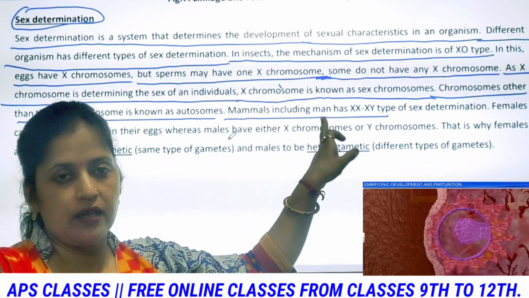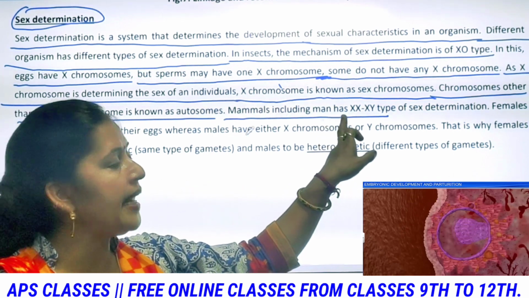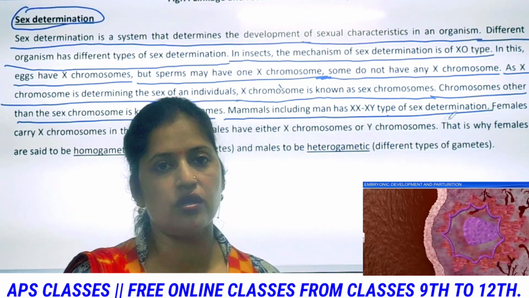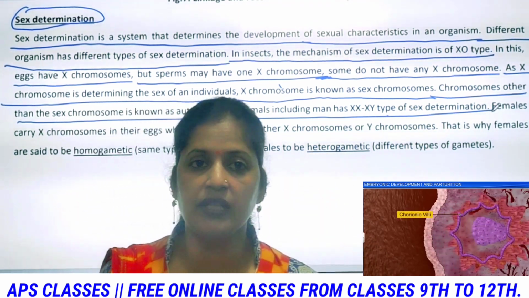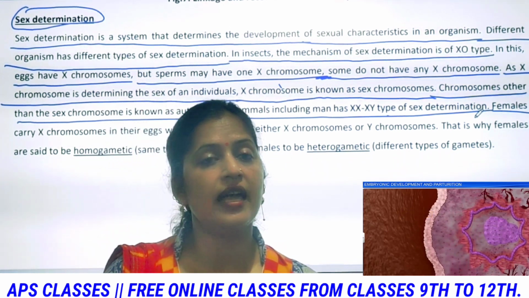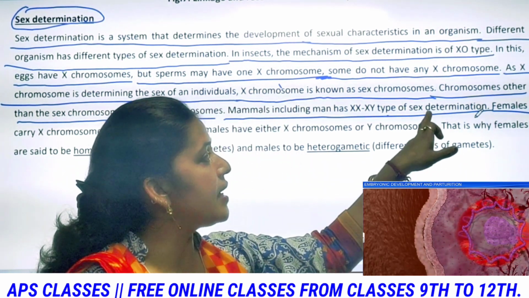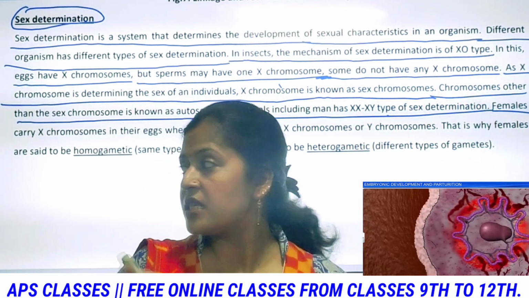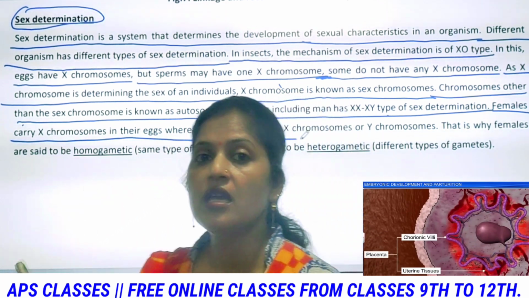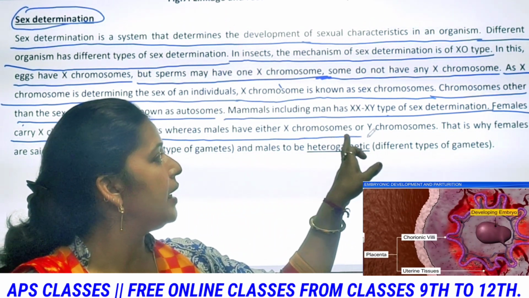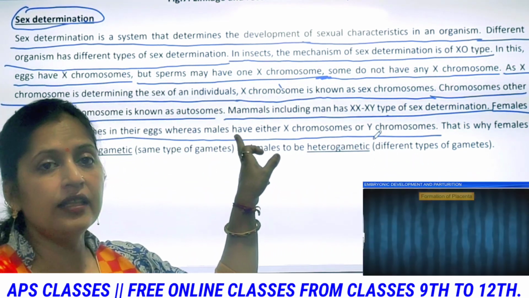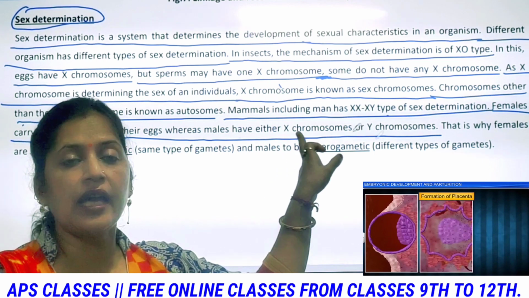Mammals, including man, have XX-XY type of sex determination. In mammals such as human beings, females carry X chromosomes in their eggs, whereas males carry either an X chromosome or a Y chromosome.